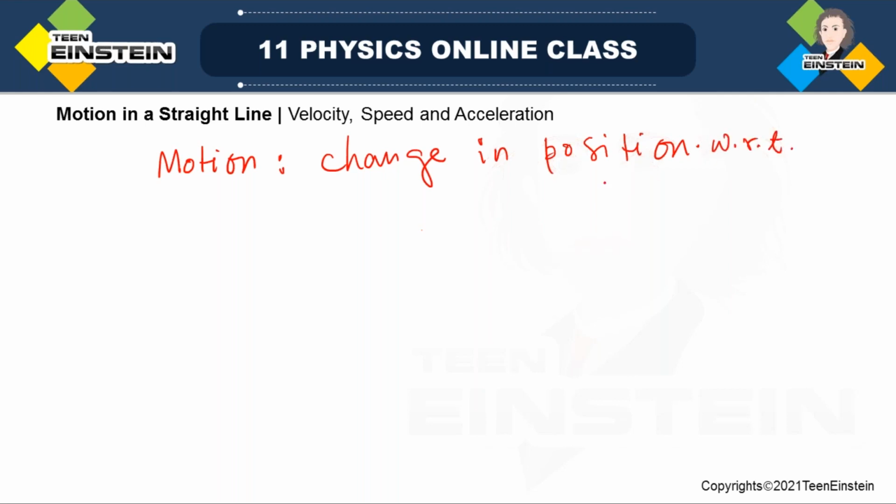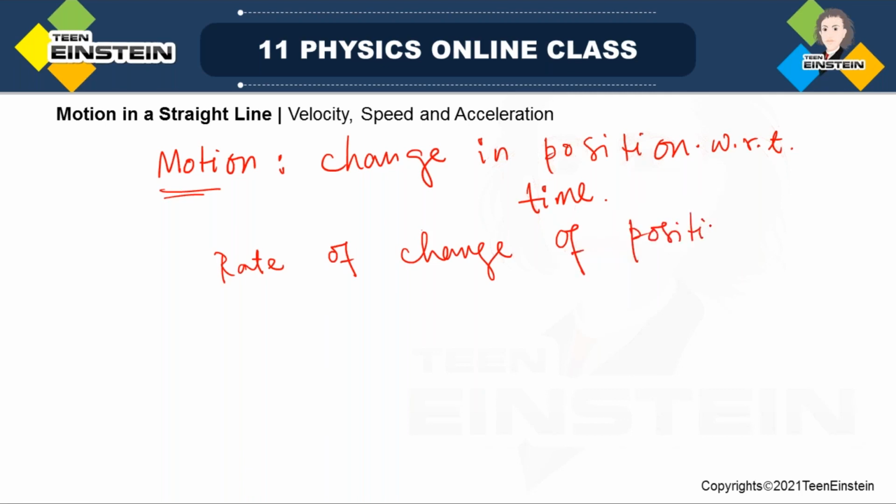With respect to time. But we have not discussed the rate of change of position with respect to time during motion.